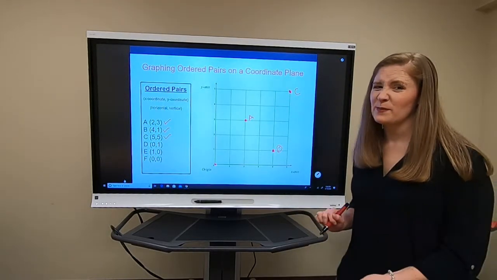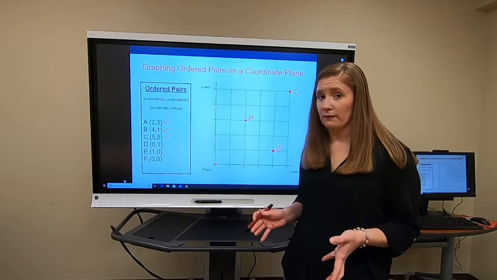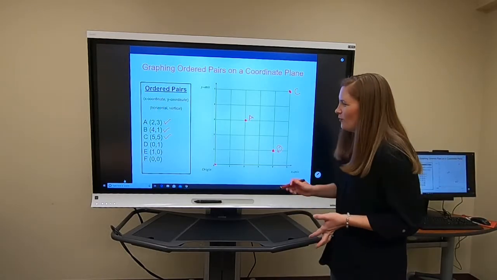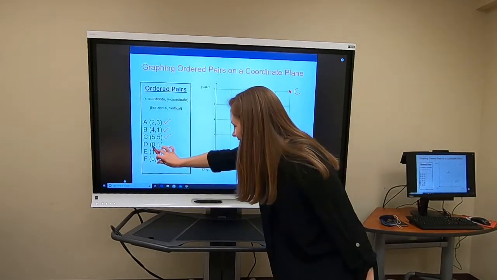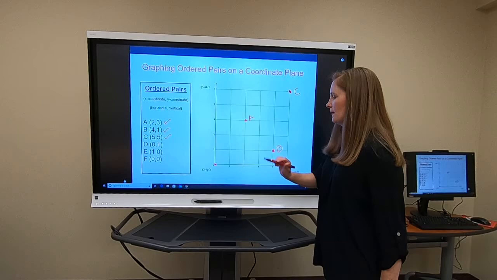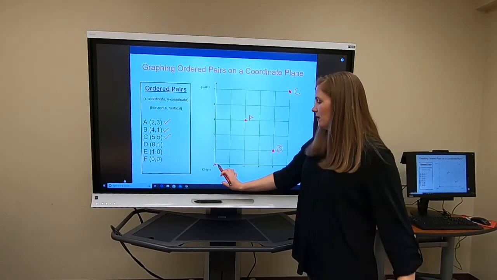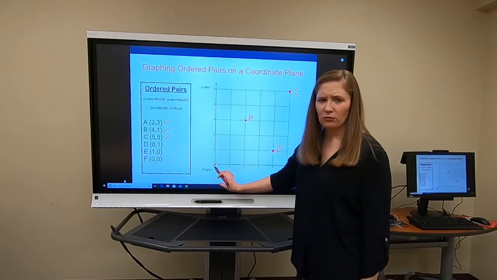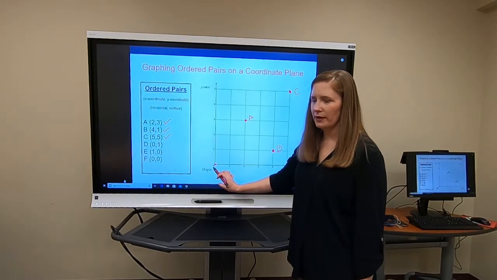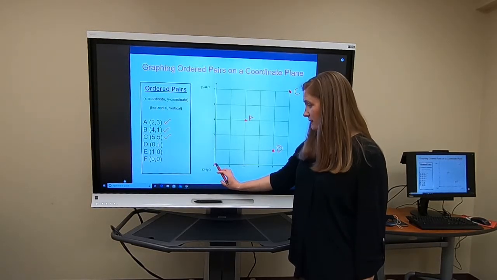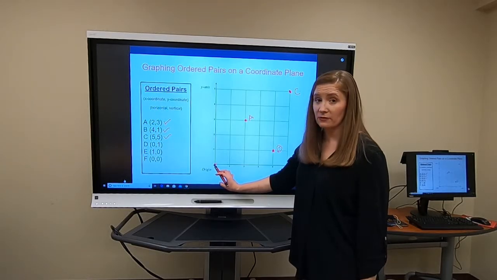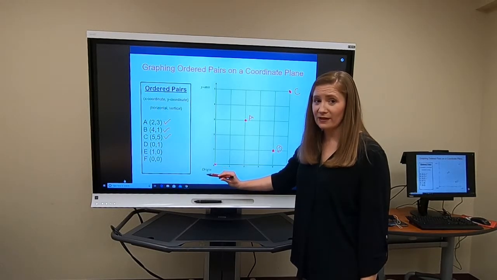Now I get to some that can be a little confusing, okay? I have point D, and it says 0, 1. So I start here at the origin, because that's where I always start, but it says 0. So you're thinking, well, what do I do? Well, it says 0, so it means I move 0 places horizontally.